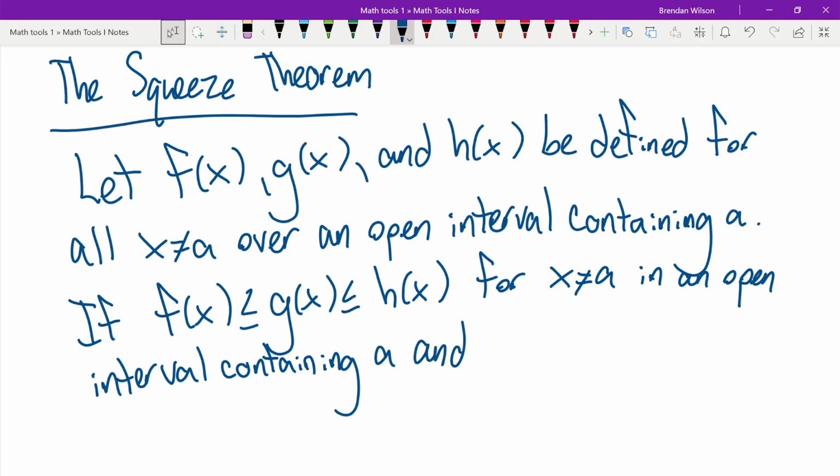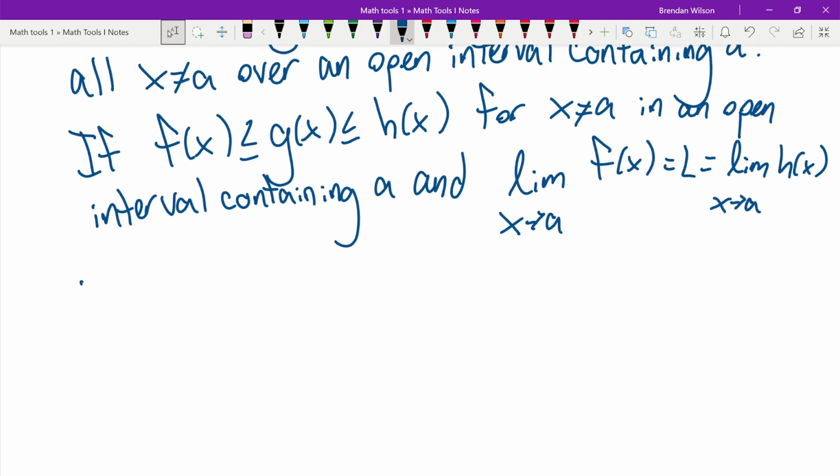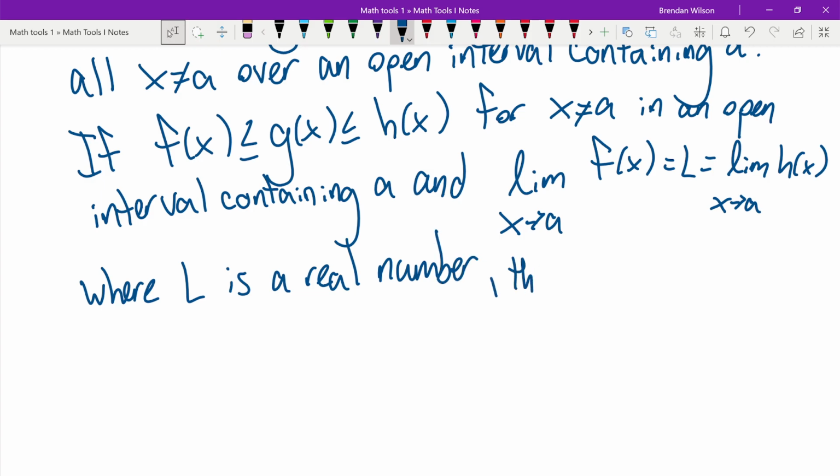And the limit as x approaches a of f of x equals L, which equals the limit as x approaches a of h of x, where L is a real number, so it's not infinity, then the limit as x approaches a of g of x is equal to L.